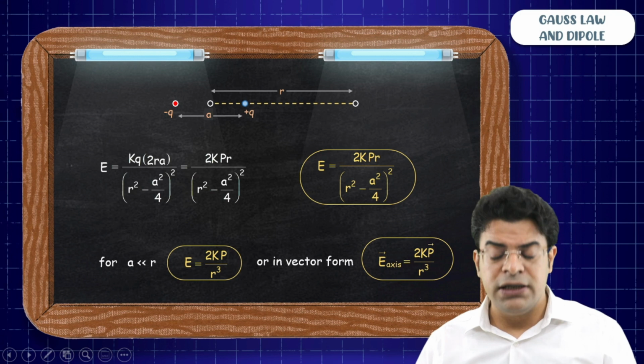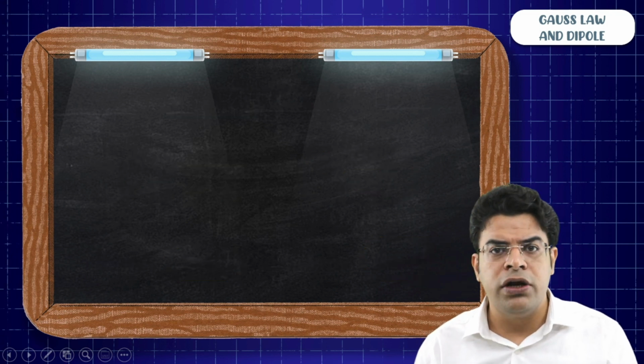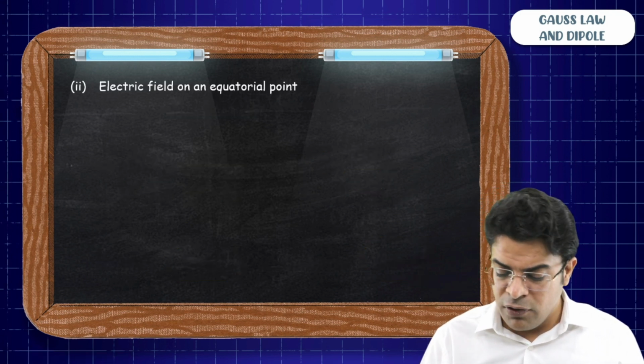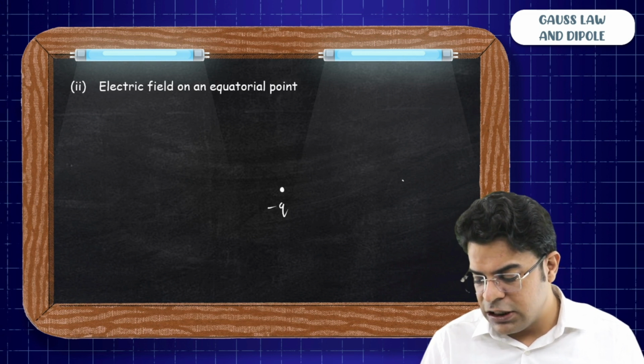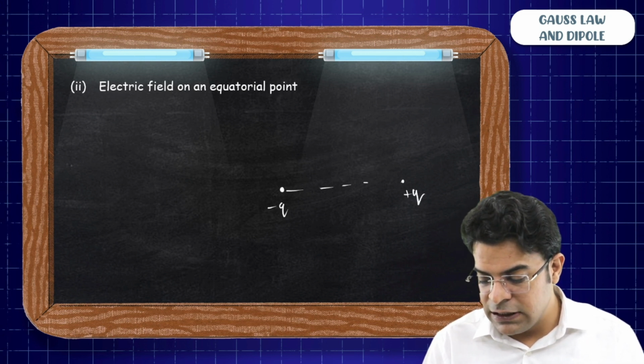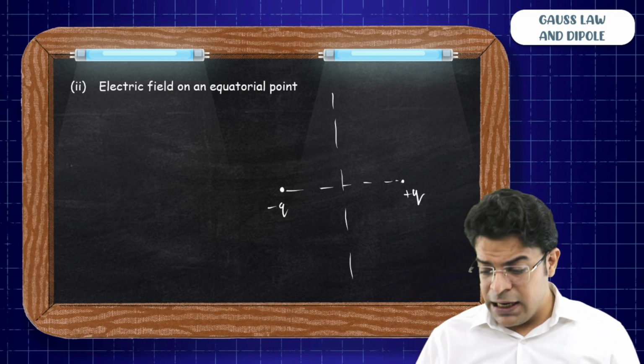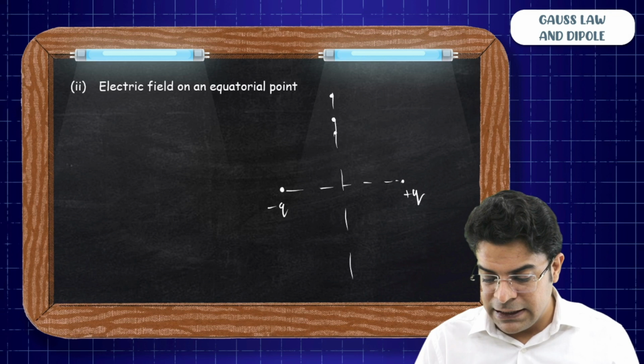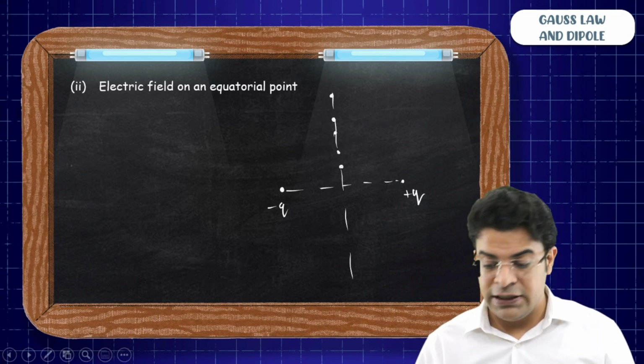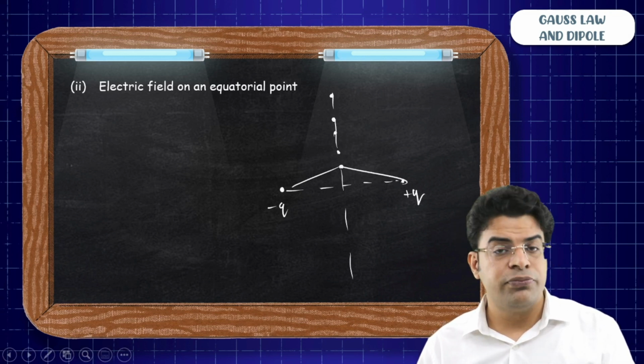Now how to write the electric field due to a dipole on an equatorial point? So what is an equatorial point? So if you have got charge minus q and plus q, and this is the line joining them, think of the perpendicular bisector. Any point on the perpendicular bisector is called an equatorial point. It is at the same distance from both the charges.